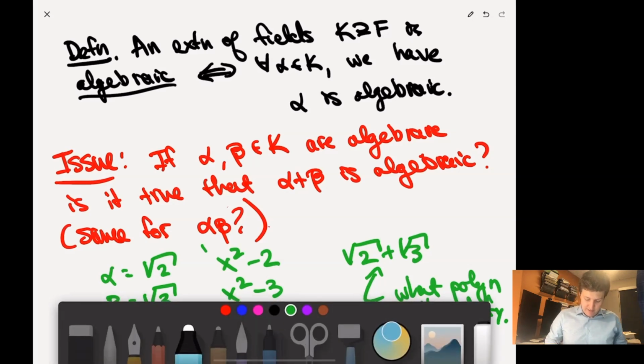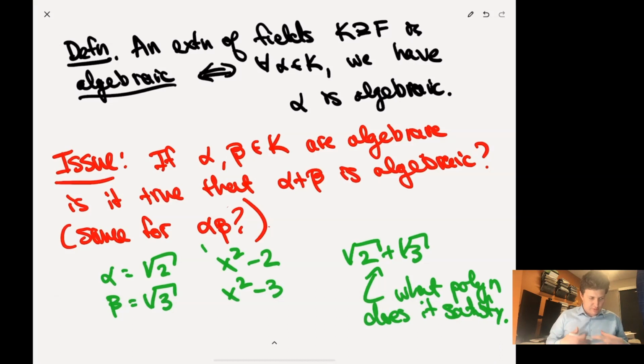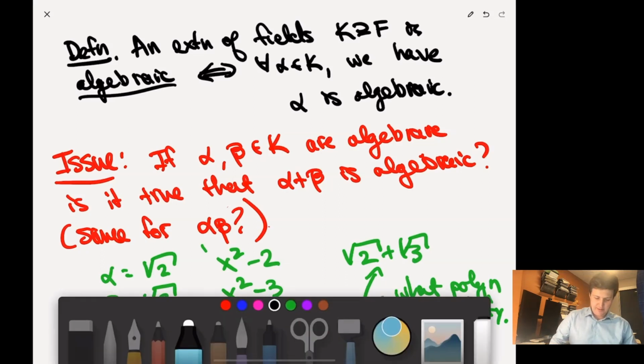It turns out that it is, and to get us going on that, there's a very useful notion called finiteness. We're going to use this concept to prove algebraicity. So let me give a definition.